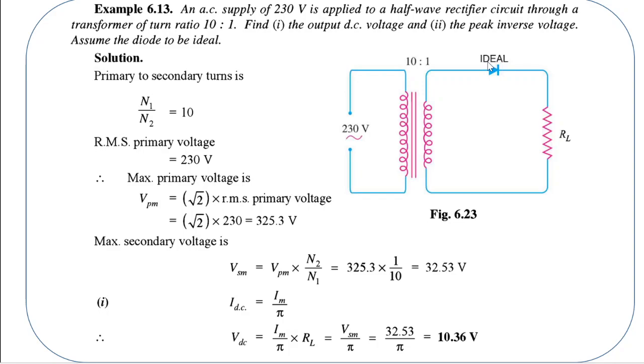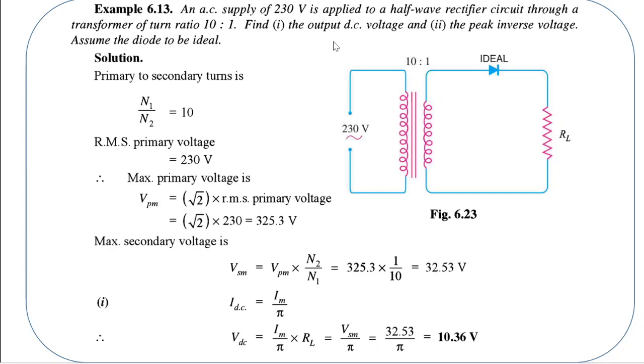So you don't have to bother about RF anymore. So current multiplied by the resistance, this is nothing but the total voltage, right? The total input voltage. So Im into RL is VSM. So VDC equal to VSM divided by pi. And VSM is 32.53. When you divide it by pi, you get the DC voltage as 10.36 volt. Okay, so the first part of the problem is done.